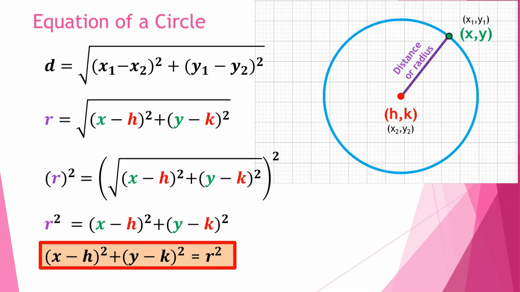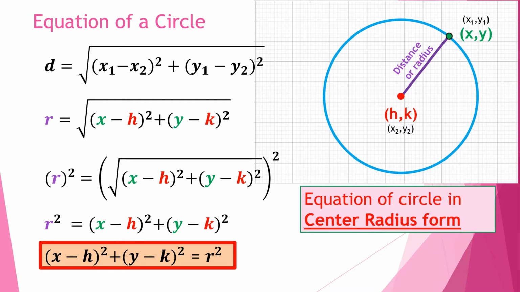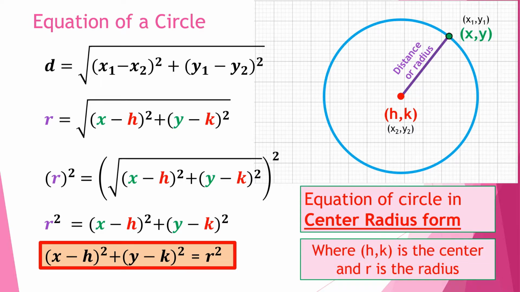Then rearranging this, we will have x minus h squared plus y minus k squared equals r squared. This will be the equation of a circle in center radius form, where h, k is the center of the circle and r is the radius of the circle.